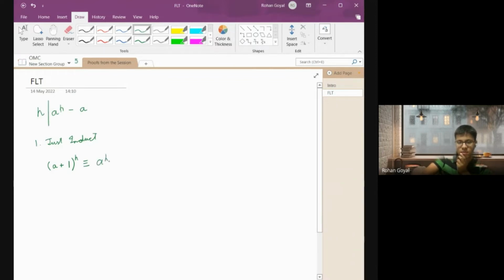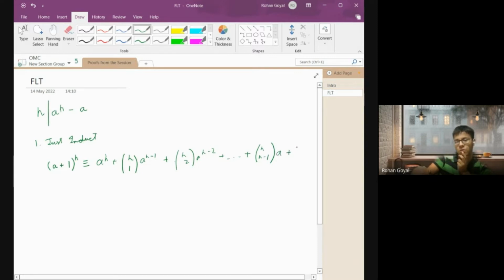It's a to the p plus p choose 1 a to the p minus 1, plus p choose 2 a to the p minus 2, all the way up to p choose p minus 1 times a, plus 1. Binomial theorem, yes, exactly.